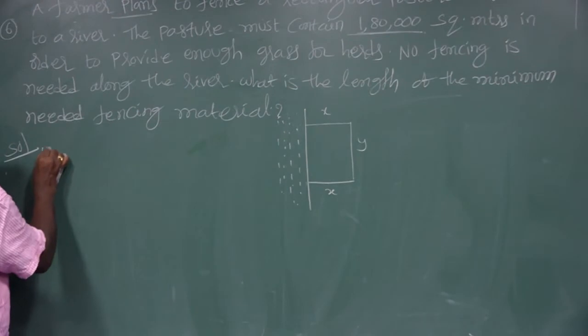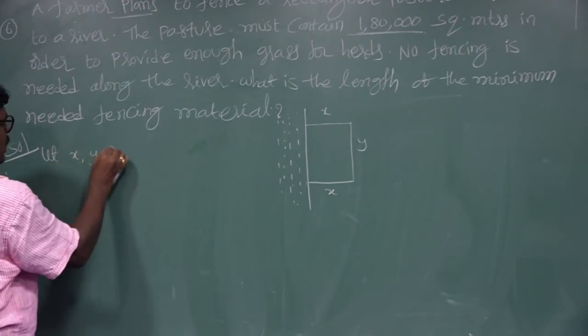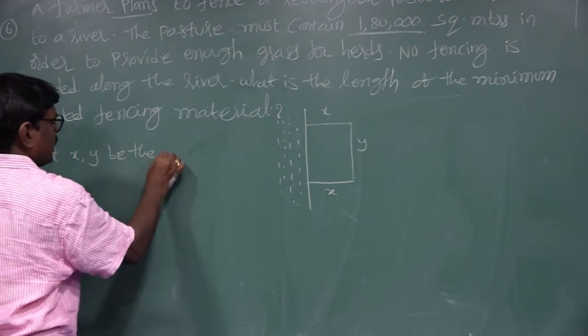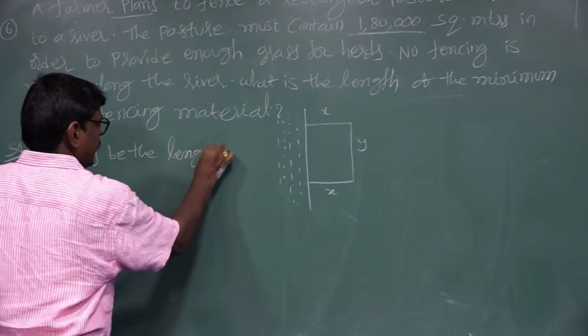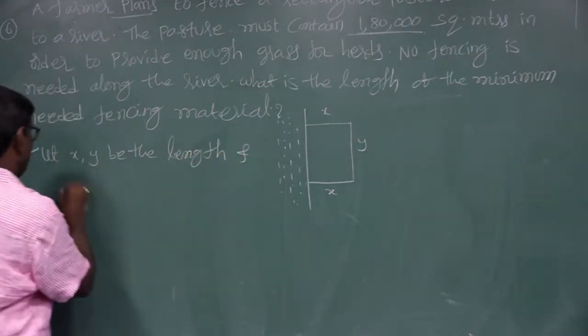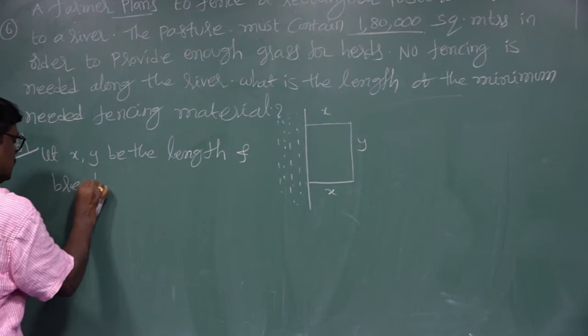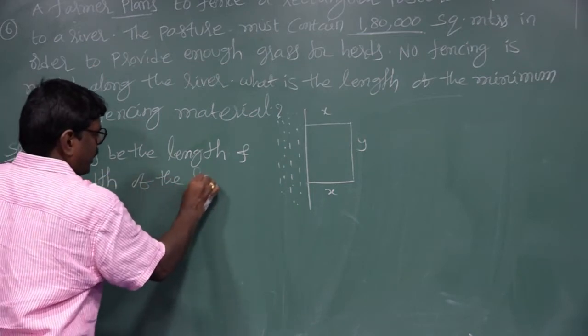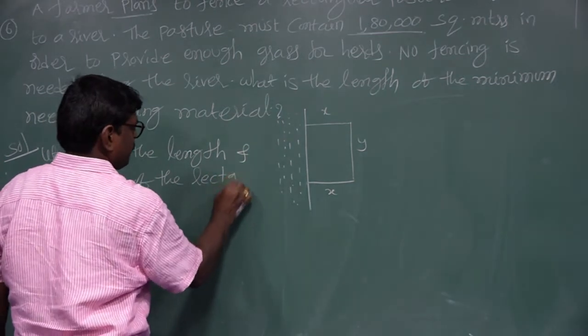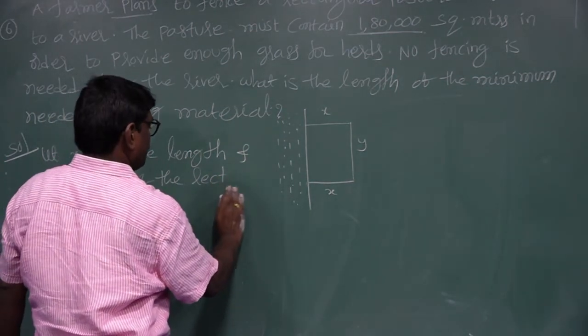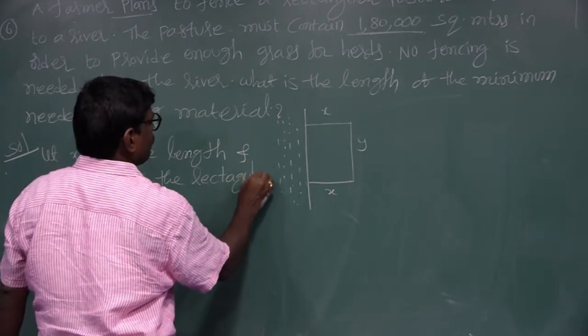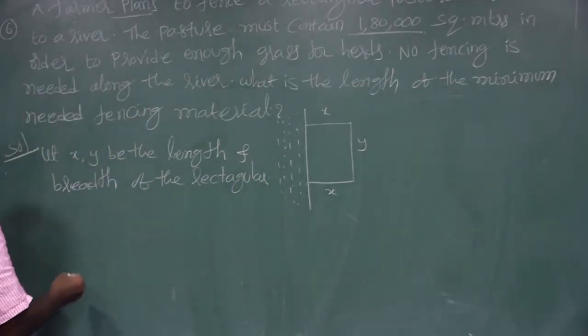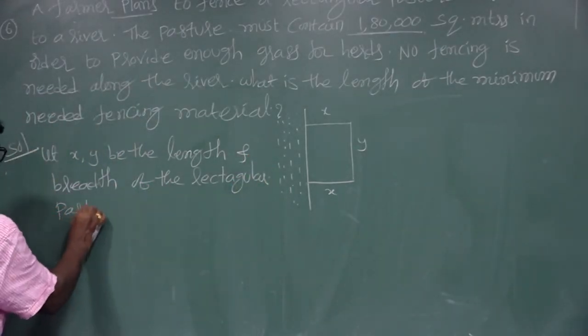Let x comma y be the length and breadth of the rectangular pasture.